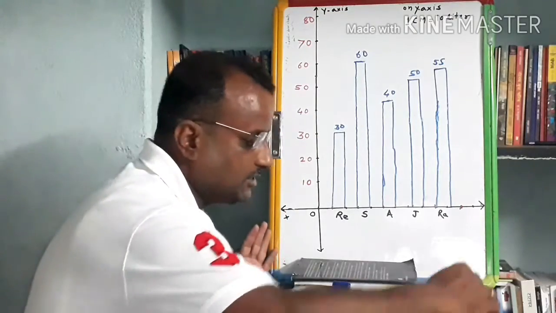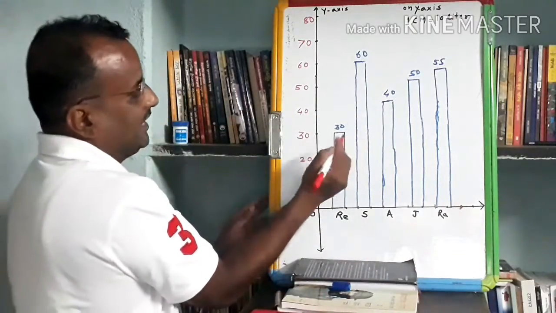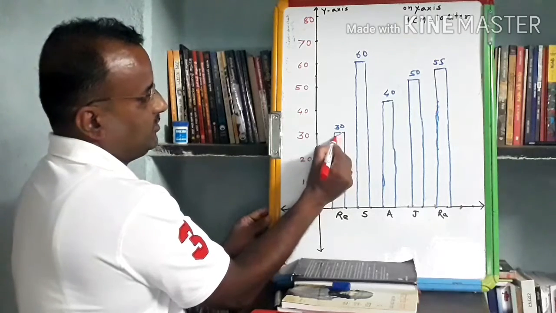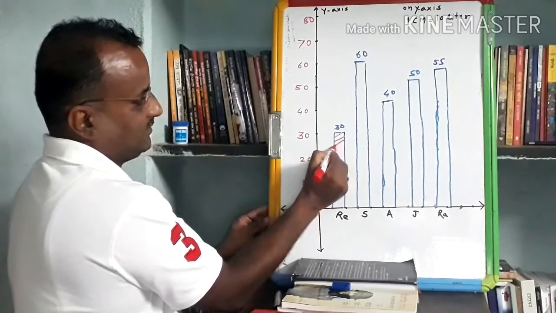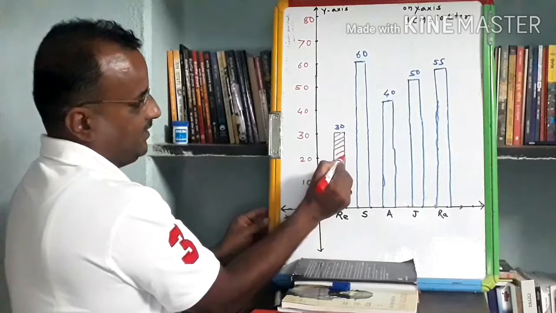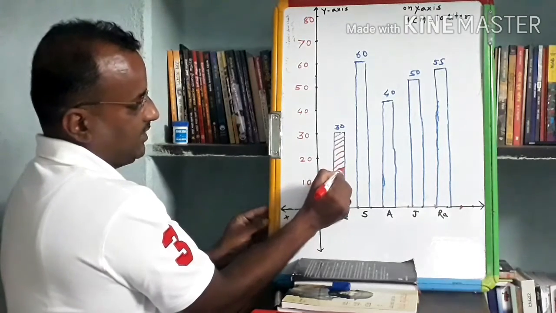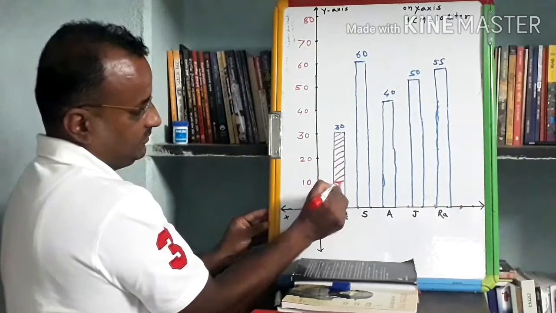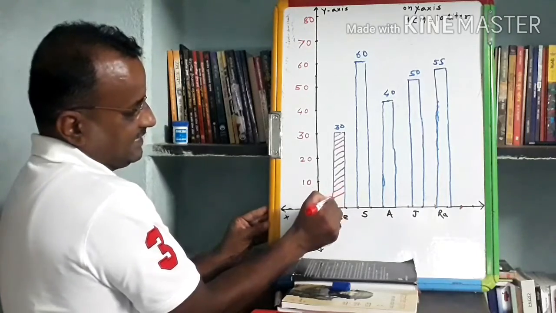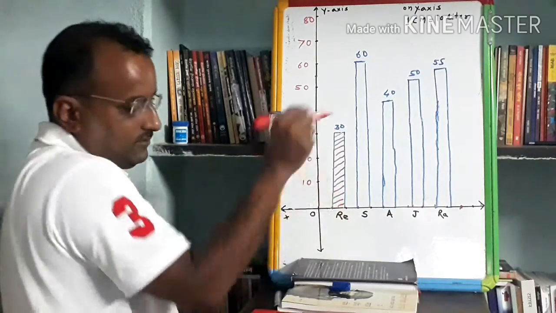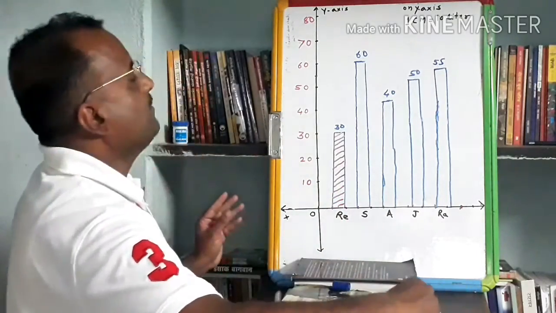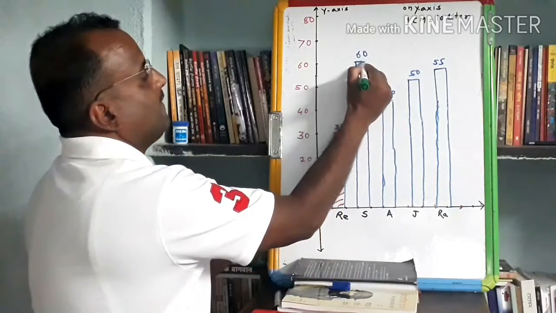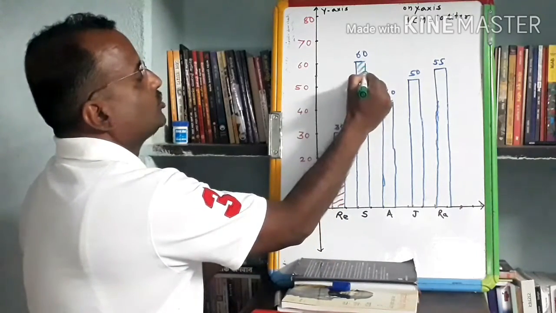To decorate this, you can use another trick here. Suppose you do these things like this, and with the help of this bar graph we can answer many questions, like which family consumes the most water per day.